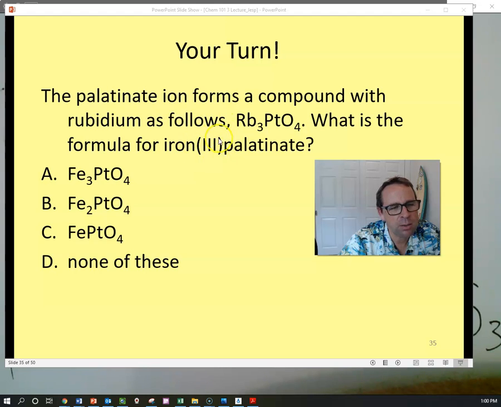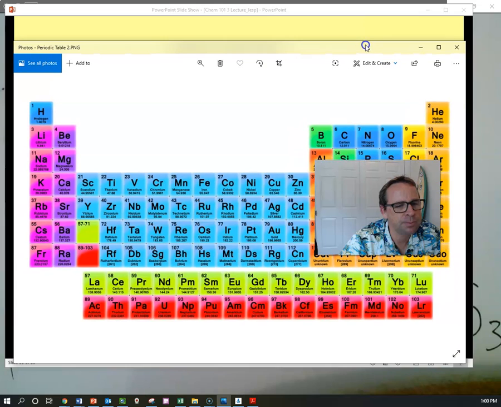Now the 3, when it's written like this, is telling us that the iron has a +3 charge in this compound, or that this compound is made from ions with iron +3. Rubidium is element 37. Can you find rubidium on the periodic table?